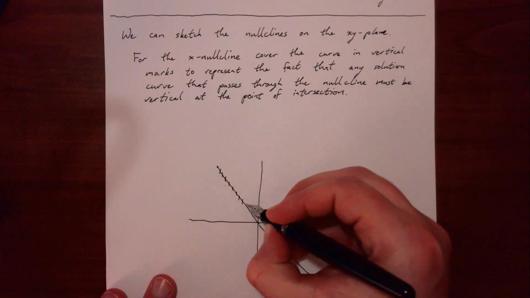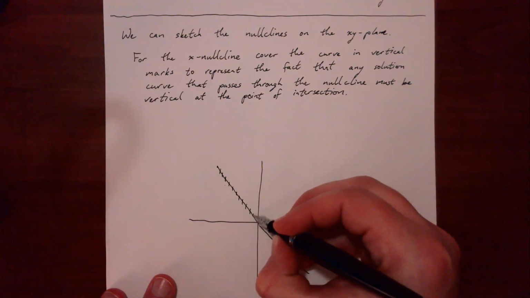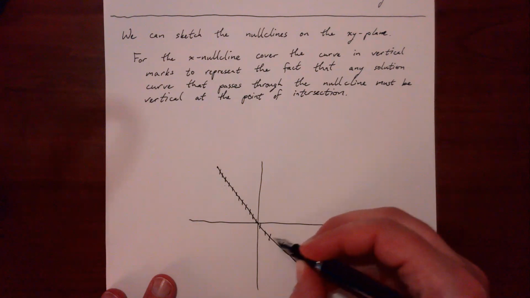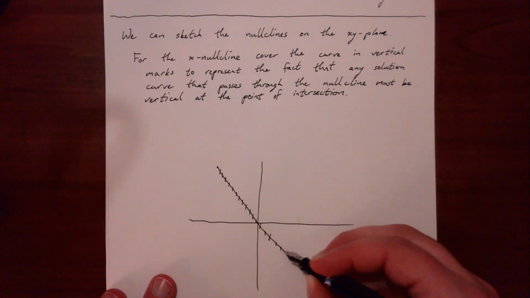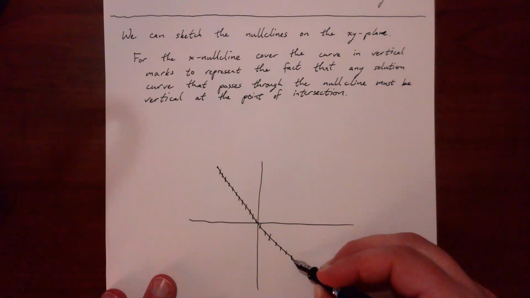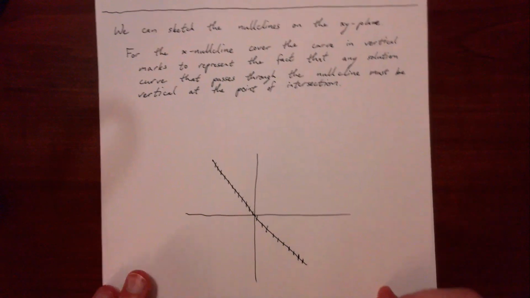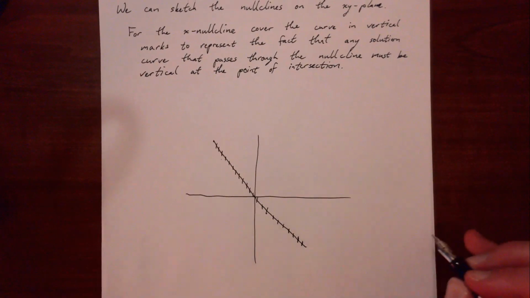Just put little vertical hash marks on there to indicate that if we were in the business of drawing any solution curves, the point where they cross this line, those solution curves must have all of their movement in the vertical direction.